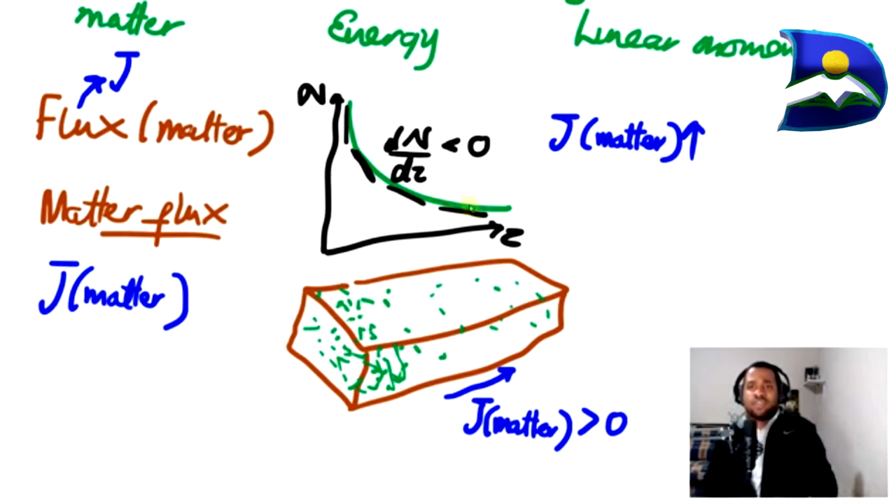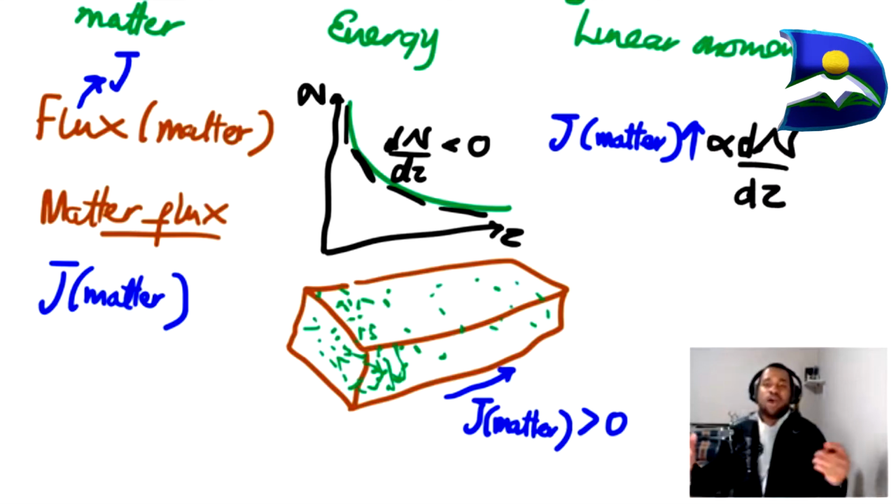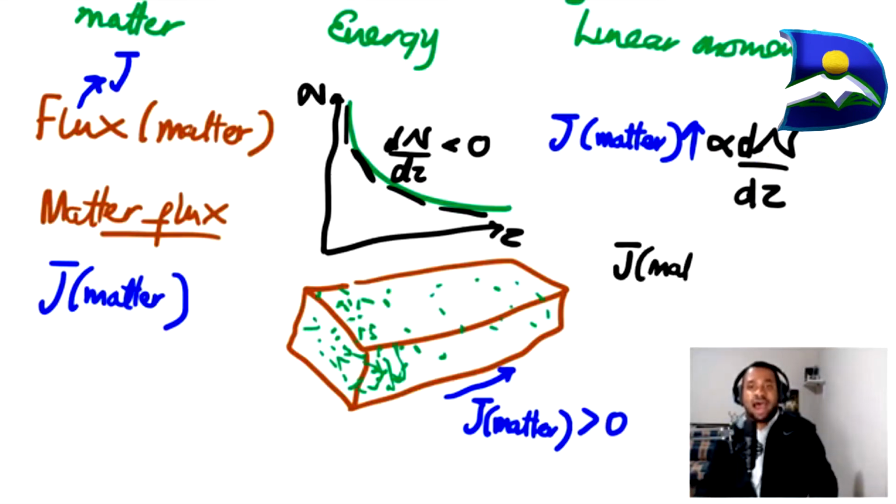And so this shows that there is a direct relationship between the matter flux and the first derivative of the number of particles with respect to our z-axis. And so as a result of that, we can lead to our introduction of our constant, which is represented as a particular value, which we're going to talk about very soon.